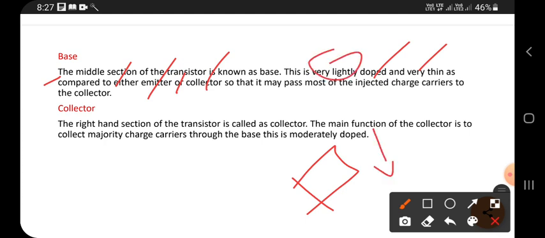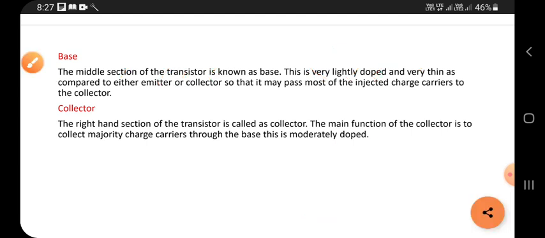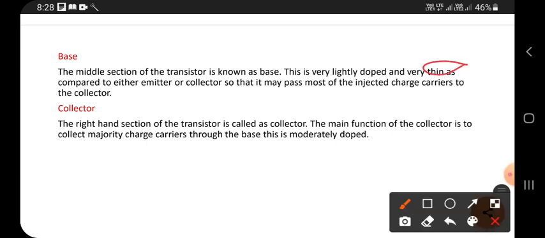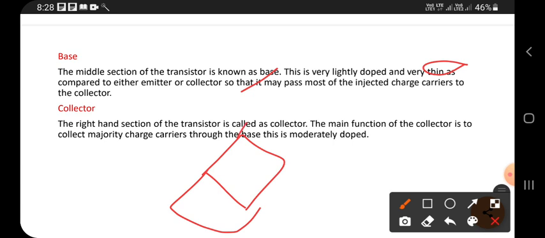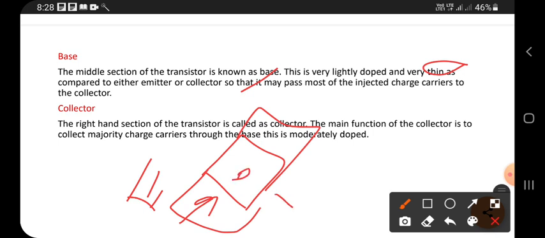The emitter is heavily doped, the base is lightly doped, and its size is very thin, so that it may pass most of the injected charge carriers to the collector. The emitter sends the majority charge carriers to the base, and the base allows them to pass to the collector.